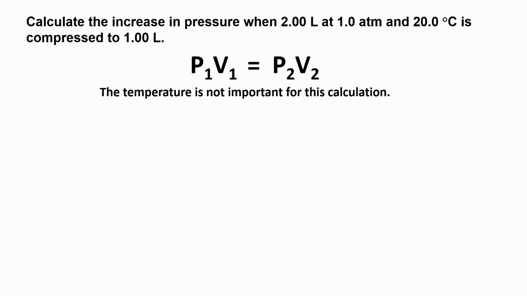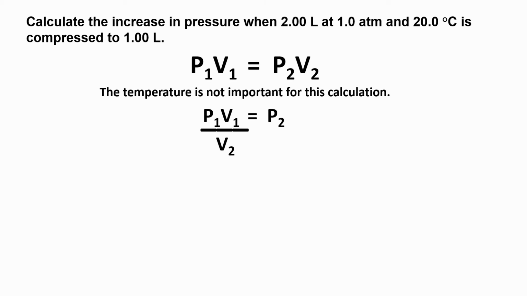Now we're asked to calculate the increase in pressure when 2.00 liters at 1 atmosphere and 20 degrees C is compressed to 1.00 liters. Again, we begin with the formula P1V1 is equal to P2V2. And remember, temperature is not important in Boyle's Law calculations.